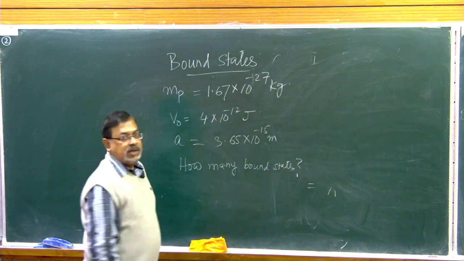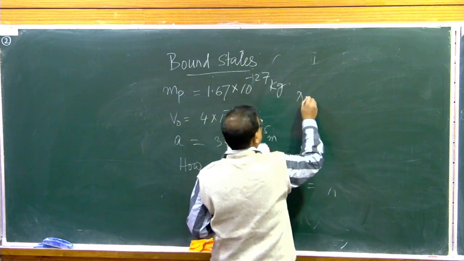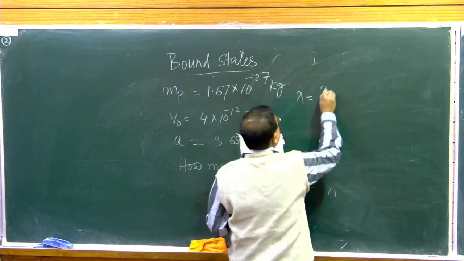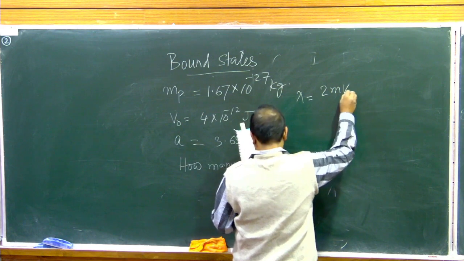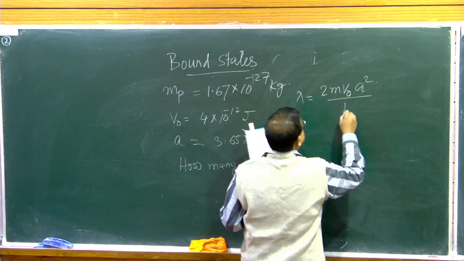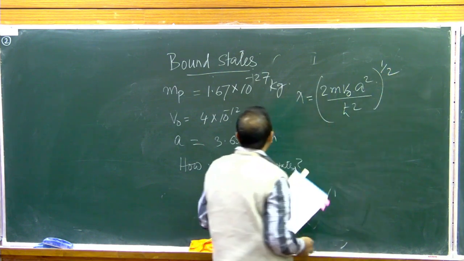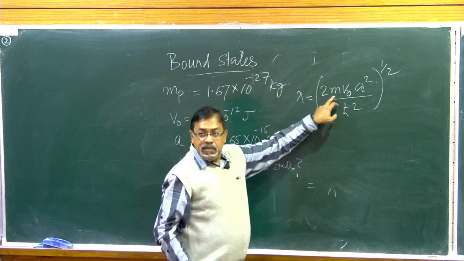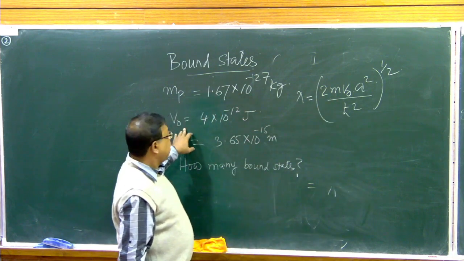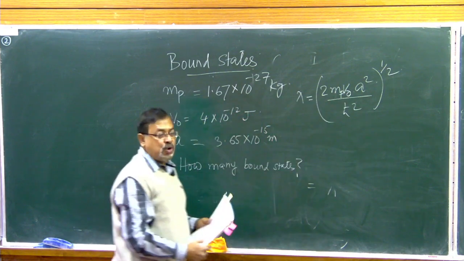So that's the question, and what you need to do is find out lambda, which is equal to 2m V naught a square by h cross square, whole to the power half. And you have everything now. V naught is given, m is also given, so we'll call it mp, which is the mass of a proton.